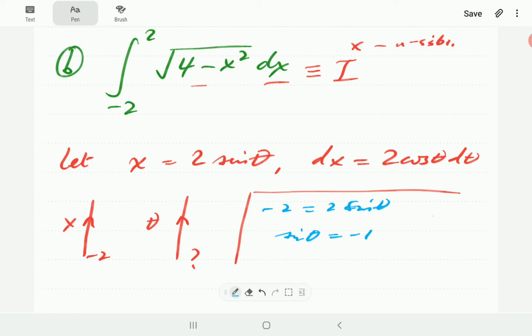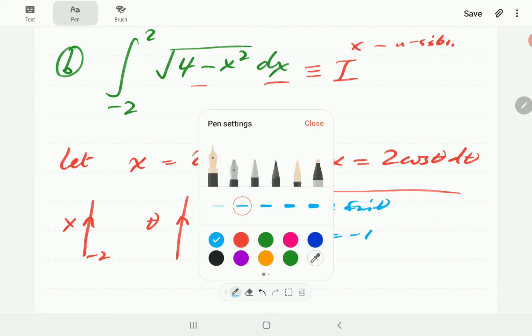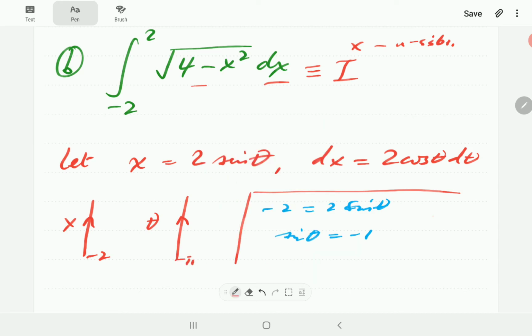And then the smallest value of theta closest to the origin, for which sine theta is -1, is going to be -pi/2 if we solve this trigonometric equation. So that means we are going to have -pi/2 here.